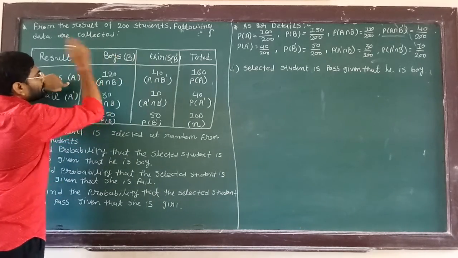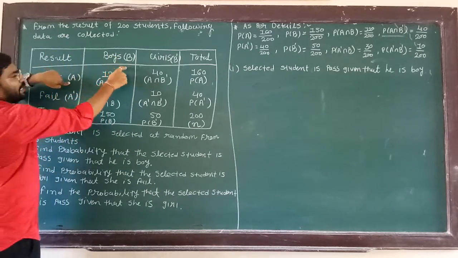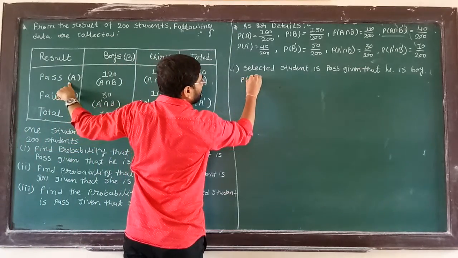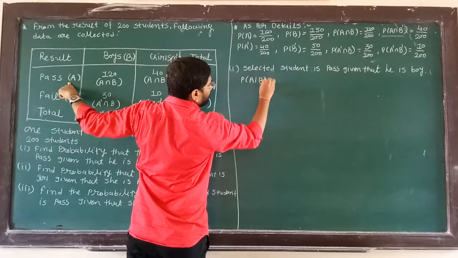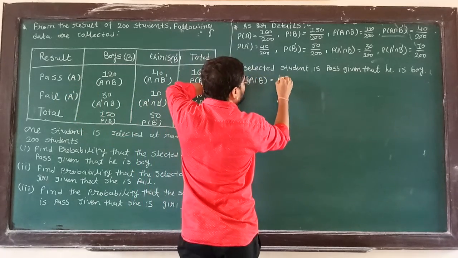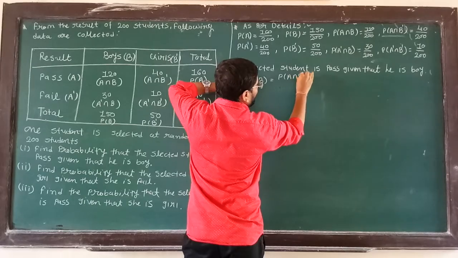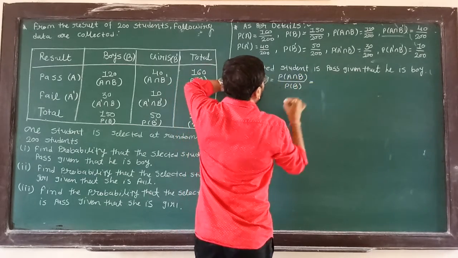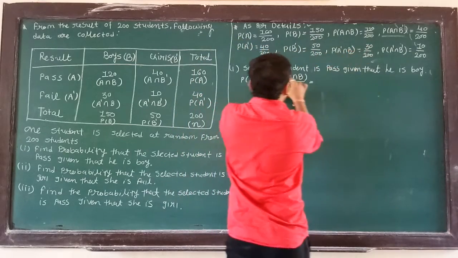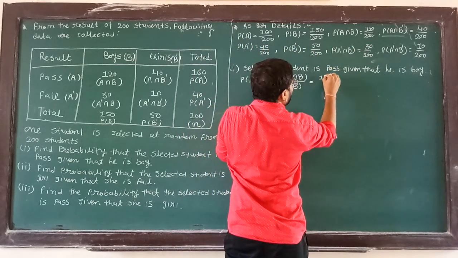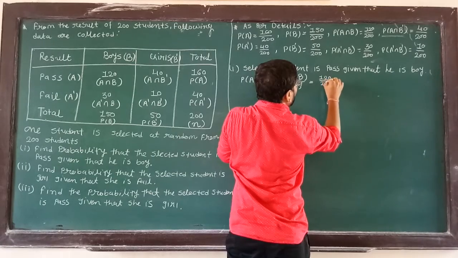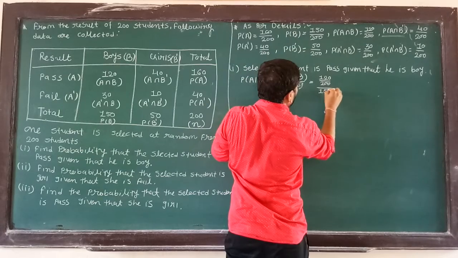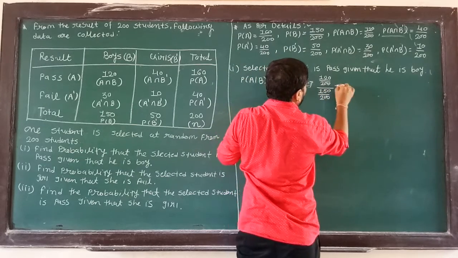He is a boy means B. Here given A condition B. A condition B means P of A intersection B upon P of B. Now A intersection B is 120 upon 200 and B is 150 upon 200.